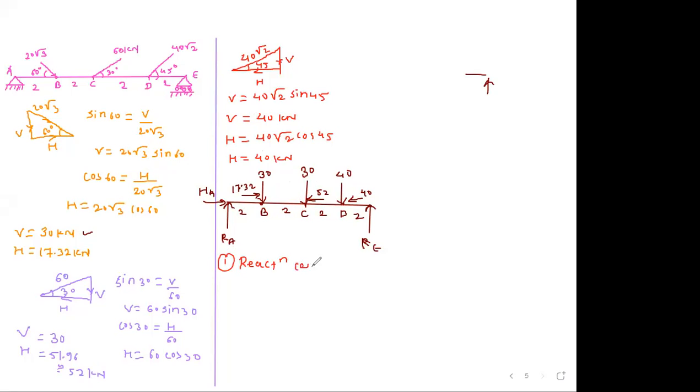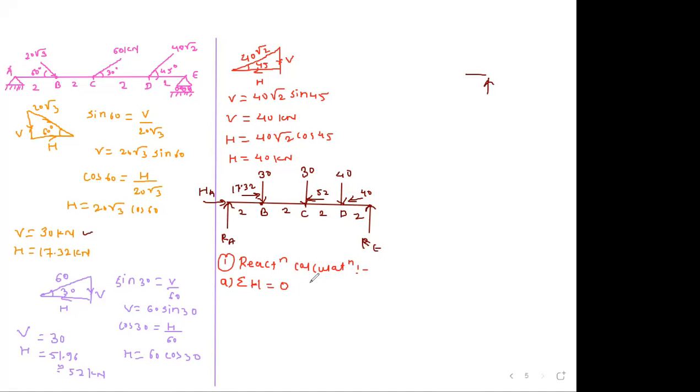Reaction calculations. So in that, again A and B part, summation FV. Now here three types of forces are there: horizontal force, vertical force, and due to this a moment will be there. So we have to apply three equations of equilibrium. Summation of horizontal forces is equal to 0. In this we will consider only horizontal forces.